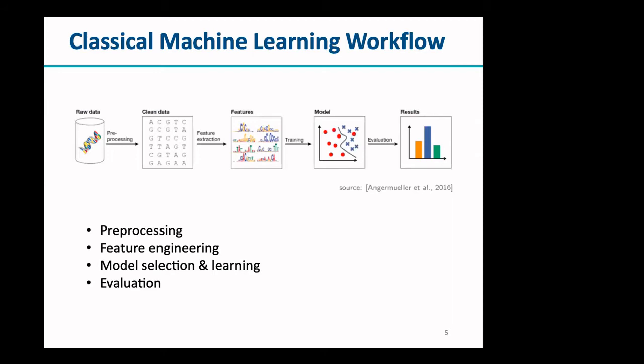Here you can see a classical machine learning workflow. The machine learning workflow starts from raw data. In your wet lab experiment or whatever you are doing, at the first step, you should have data to analyze. Maybe you produce data on your own in your research lab, or maybe you are using available data sets.